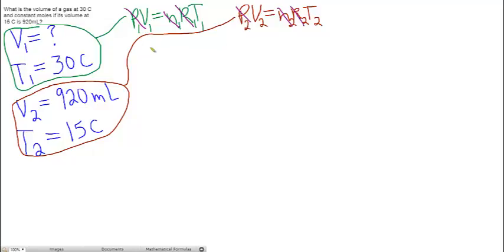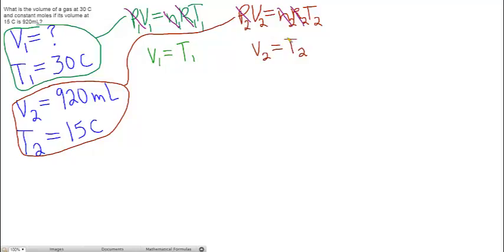But let's simplify what we got. We have volume 1 equals temperature 1 over here. And over here we have volume 2 equals temperature 2. So instead of putting them both together right now, what if we just mess with one equation? What about if we mess with this equation first?